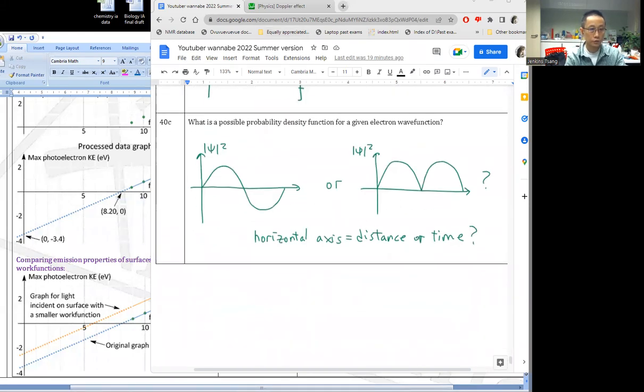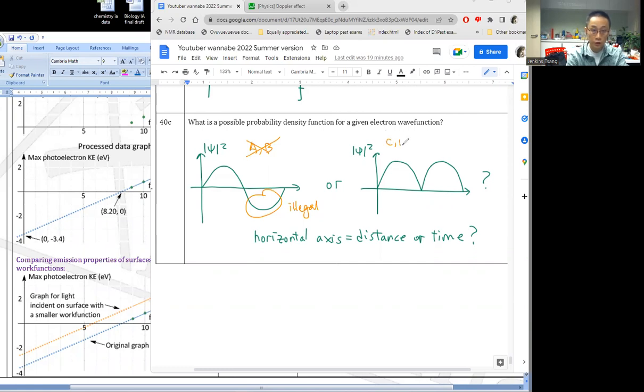The last question: what is a possible probability density function for a given electron wave function? The y-axis is already squared, and anything that's squared is going to be guaranteed positive. Therefore, it's going to be not choice A and not choice B, because those choices have a negative section. So it's just illegal.